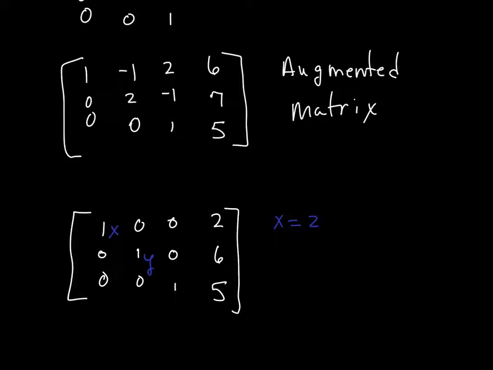This is my y column, and that tells me that y is equal to 6. And this is my z column, which tells me z is equal to 5. So the goal of what we're doing by trying to write a matrix is to get the matrix to look like this, and this is called reduced row echelon form.